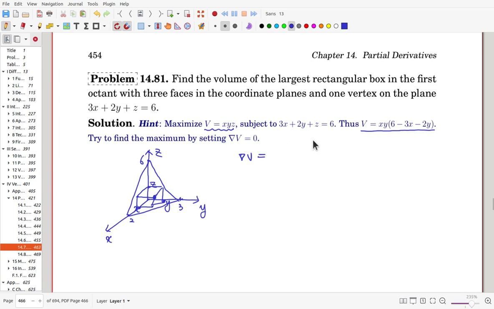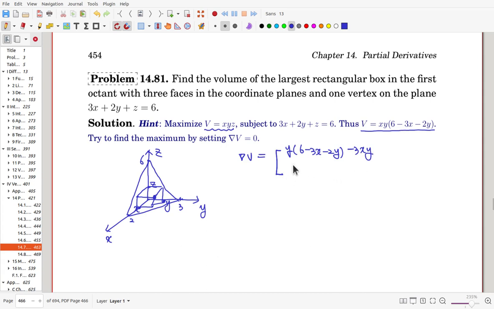For that one, the gradient of V. For the x derivative, we have to use the product rule. That is first the x derivative, then there's y times (6 minus 3x minus 2y), and again the x derivative of the bracket, that will be minus 3, times xy, right?